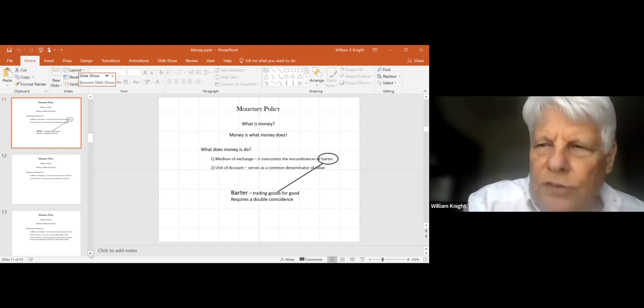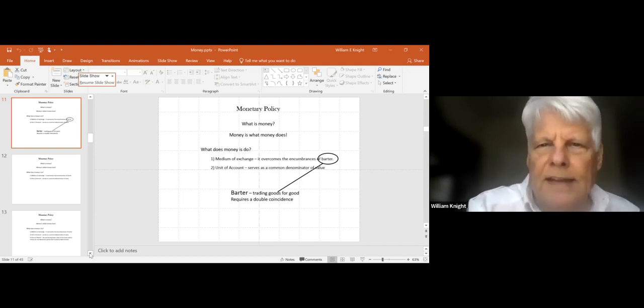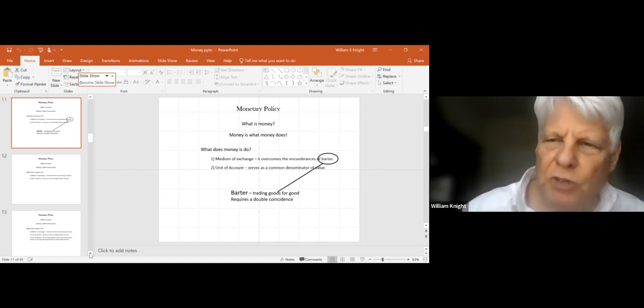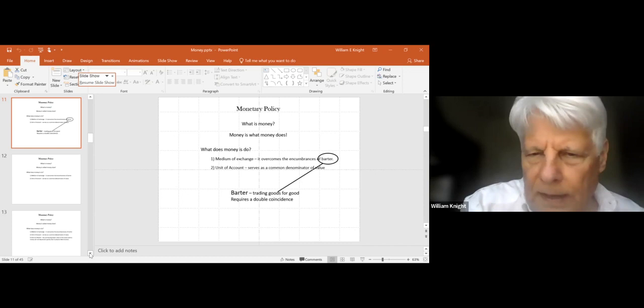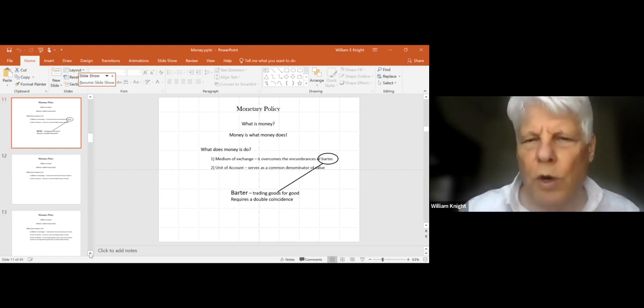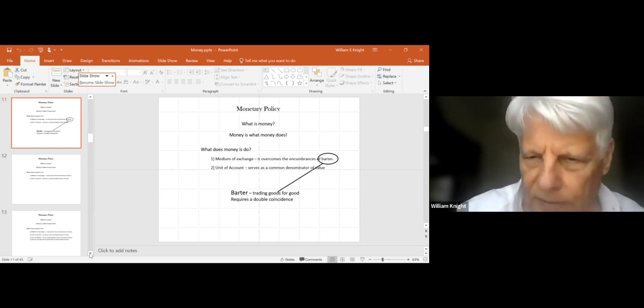But the second coincidence that must be made is that the seller of wine must be willing to accept what I have to offer in trade. That's the second coincidence that must be made. So barter requires a double coincidence.